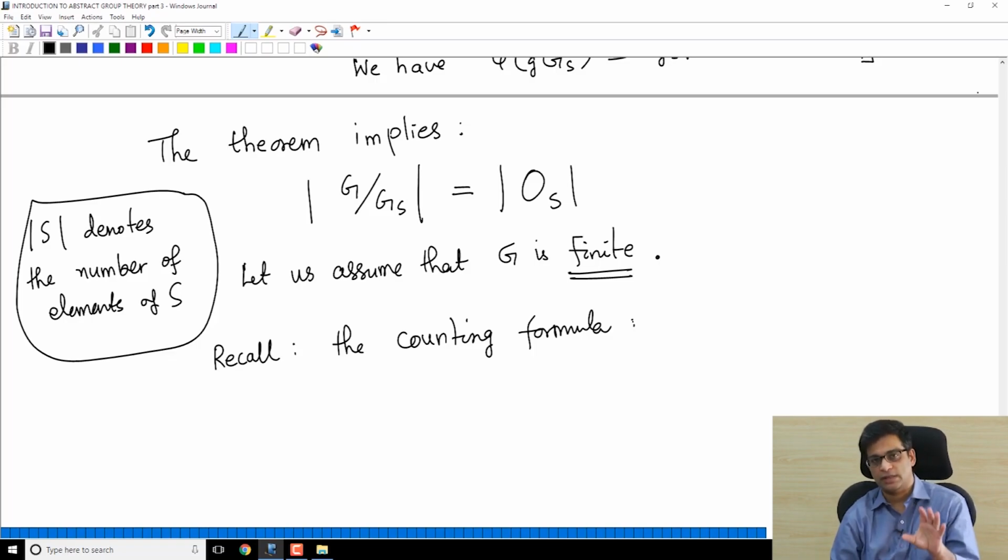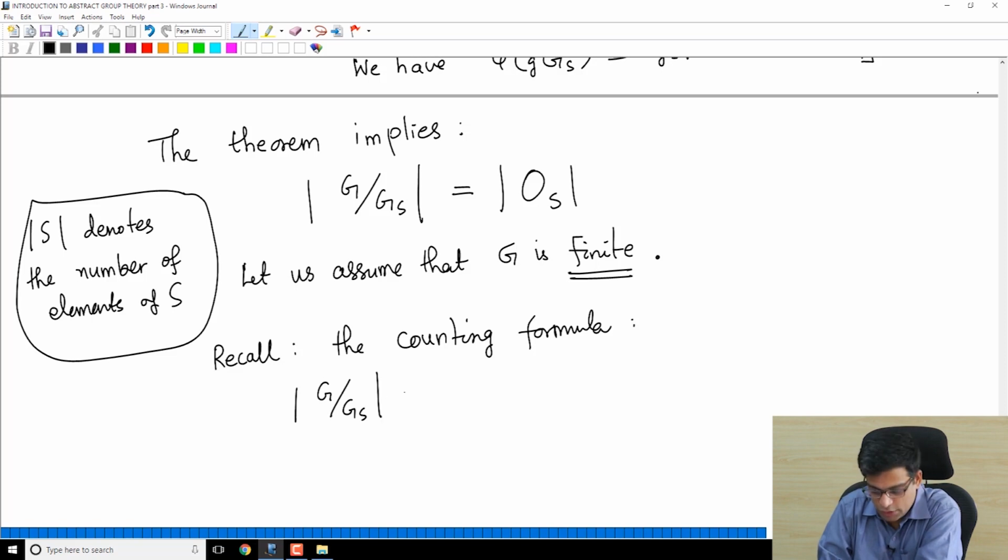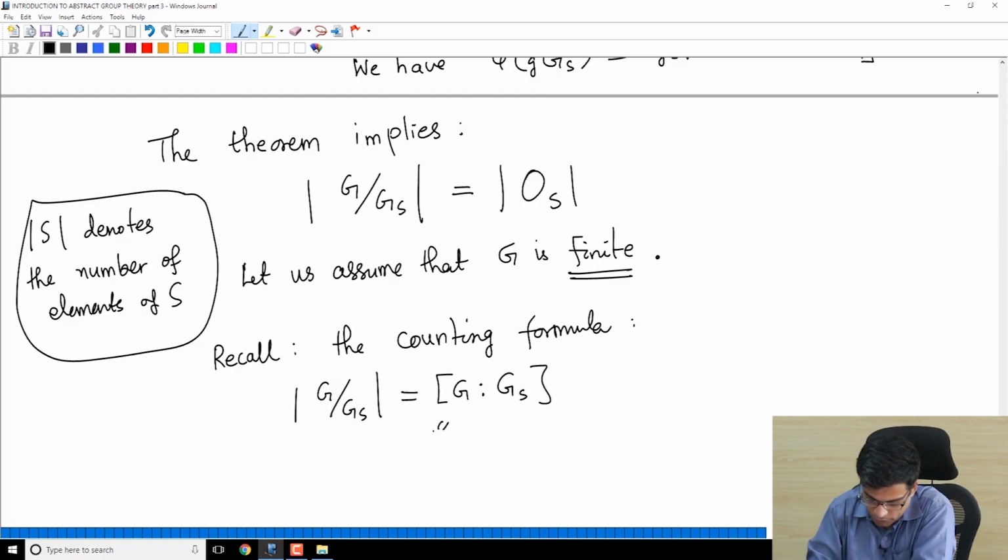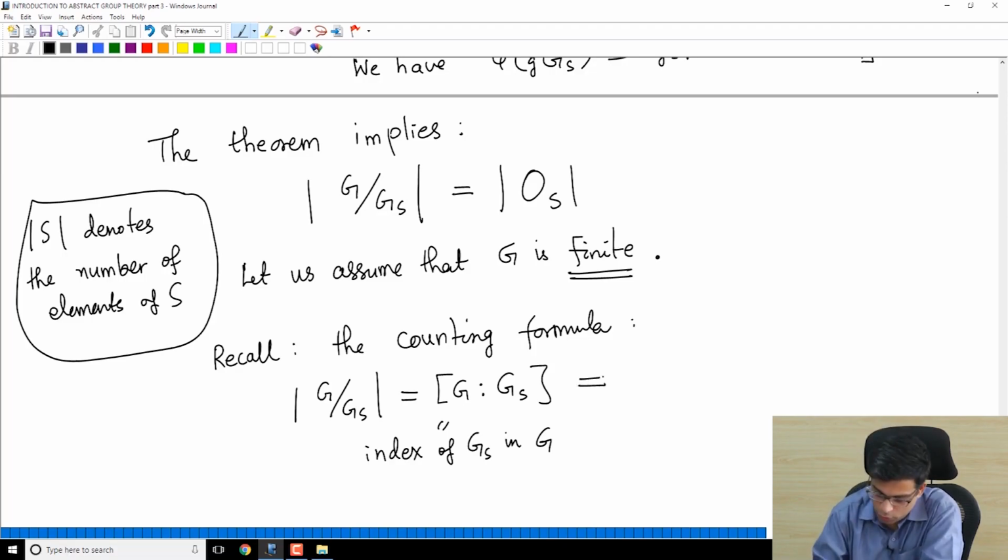If G is a group and H is a subgroup, the number of left cosets is equal to the order of the group divided by the order of the subgroup. So G mod GS, the index of GS in G, is equal to the order of G divided by the order of H, right?